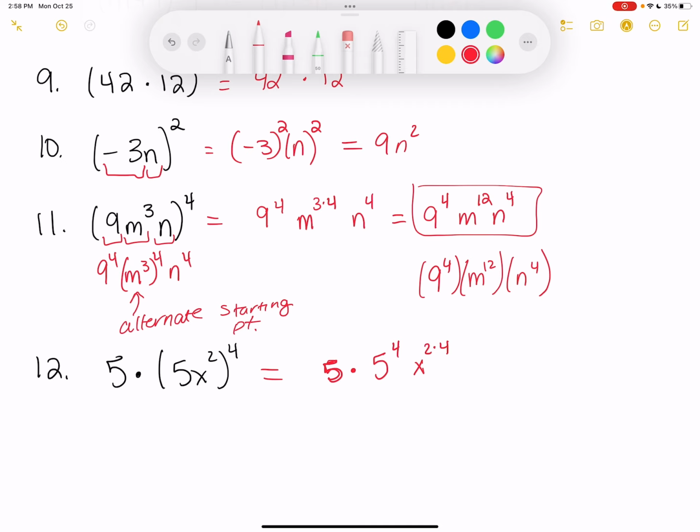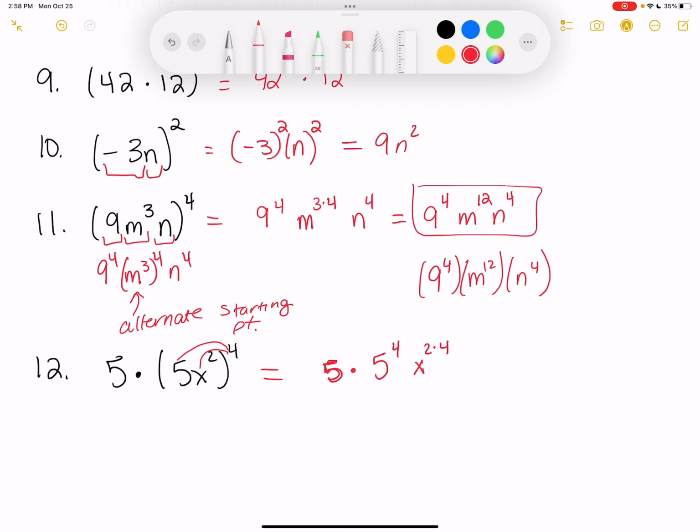We forget to raise the number to the power. I do remember that happening a decent amount previously when I've taught this, so just make sure you remember, and if you need to do the little distributing thing to help you not forget, you can.